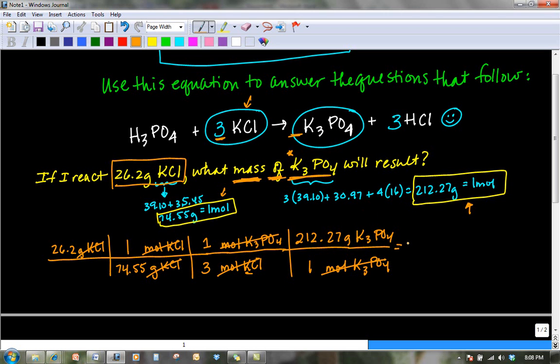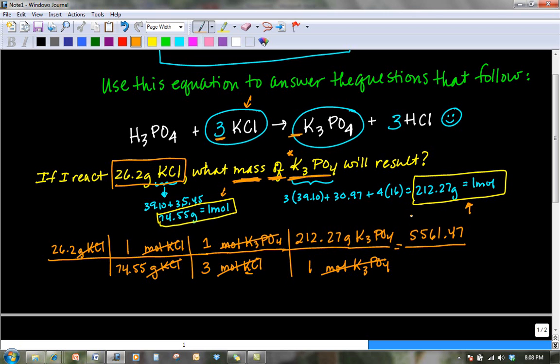So now in order to solve, I have to multiply my numbers across the top. So what I get is 26.2 times 212.27, and I get 5,561.47.